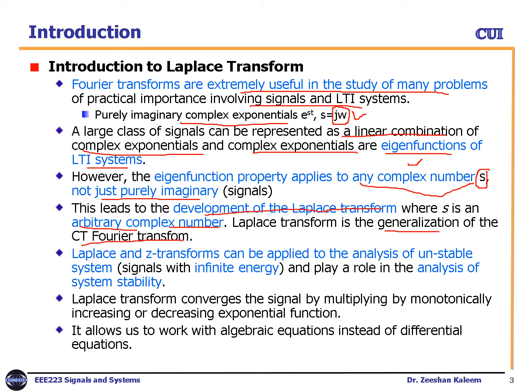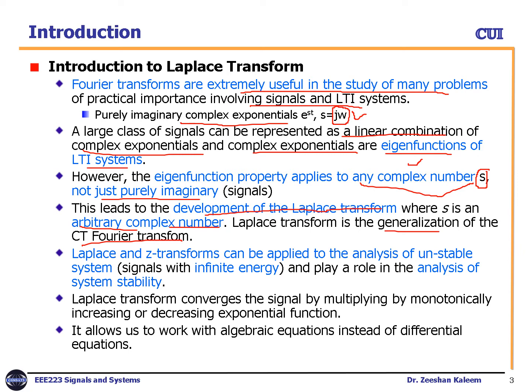So you can say that the Fourier transform is used when you have only a purely imaginary complex exponential, whereas when you have a complex number, you move to the Laplace transform. So it is a kind of replacement or generalization of the continuous time Fourier transform.